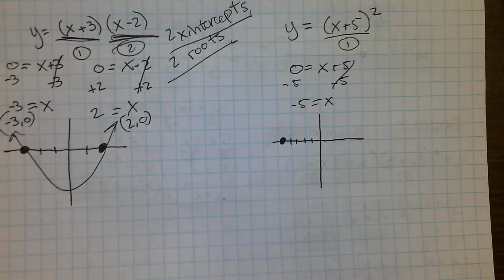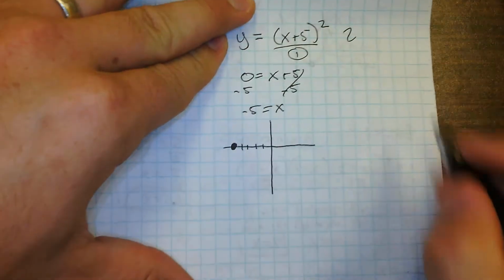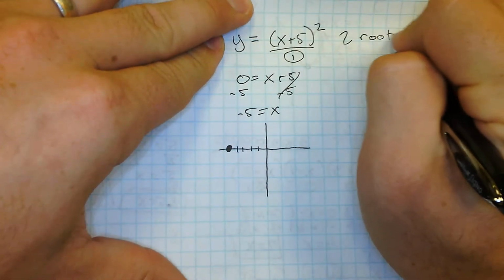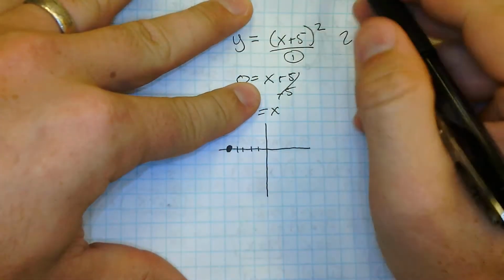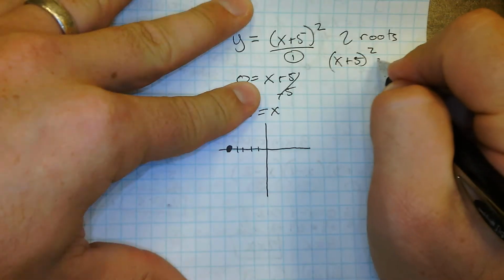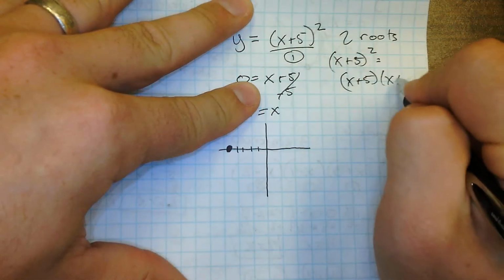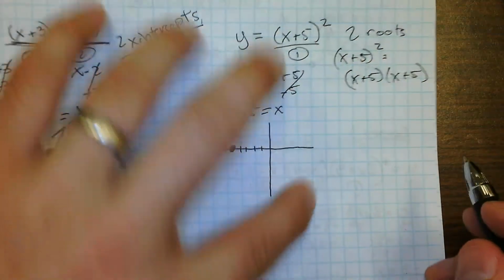The problem is there's two roots, okay? There's two roots for this answer. X plus 5 squared can be written as x plus 5 times x plus 5.